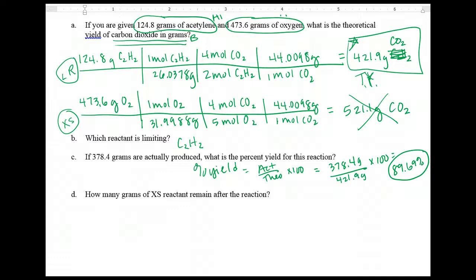You want to minimize the amount of excess material that's left over because otherwise it's just wasted and will be costing your company money. So let's take a look at our last slide and see what steps are used to determine the amount of excess that remains after the reaction, and then we will finish up this letter D.